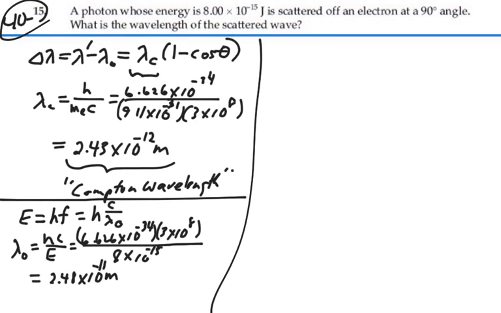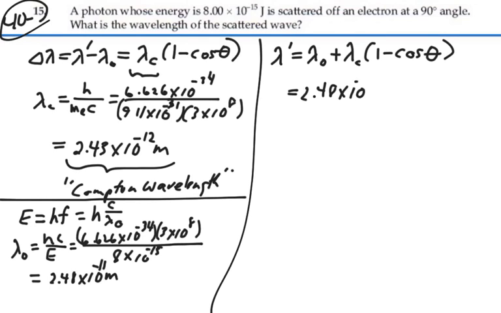Alright, so if we solve for the scattered wavelength, it'd be equal to the incident wavelength plus the Compton wavelength times 1 minus cosine theta. So in this case, that is equal to 2.48 times 10 to the minus 11 plus the Compton wavelength, which is 2.43 times 10 to the minus 12, times 1 minus cosine of 90.